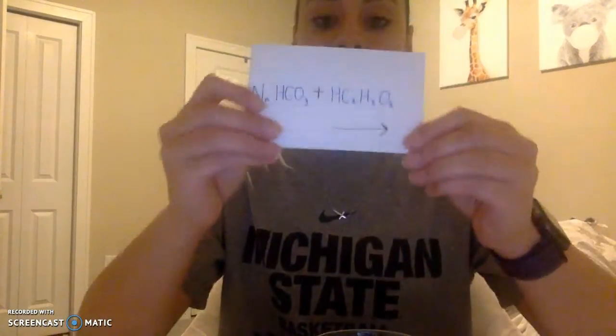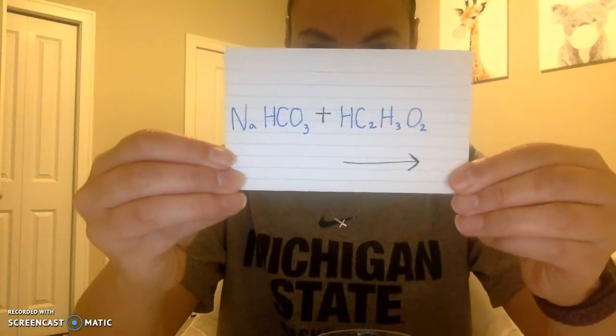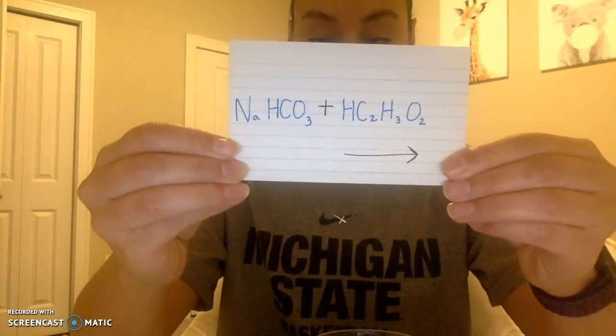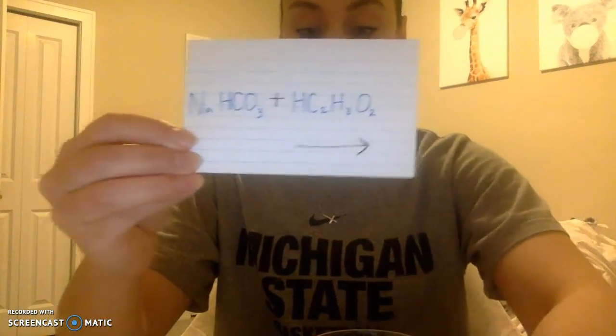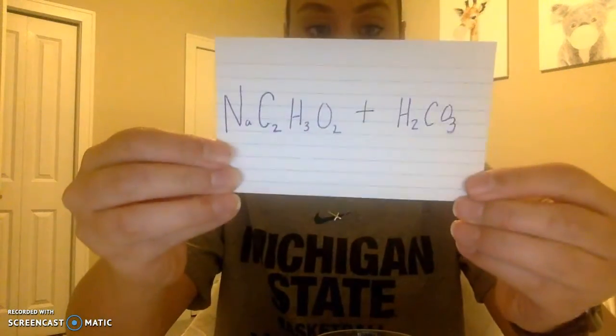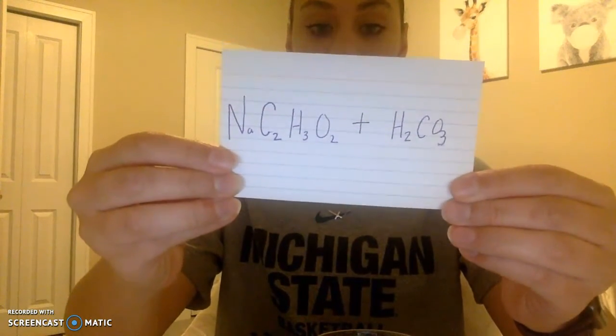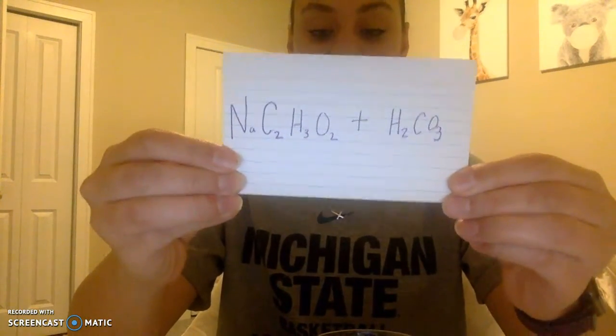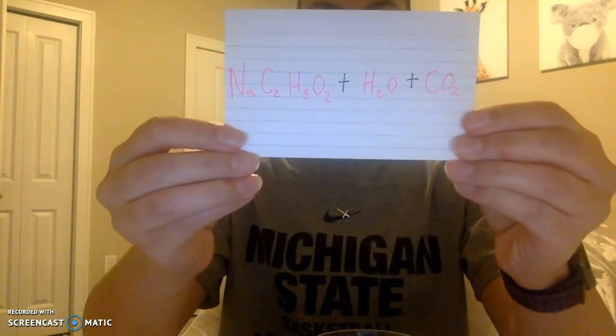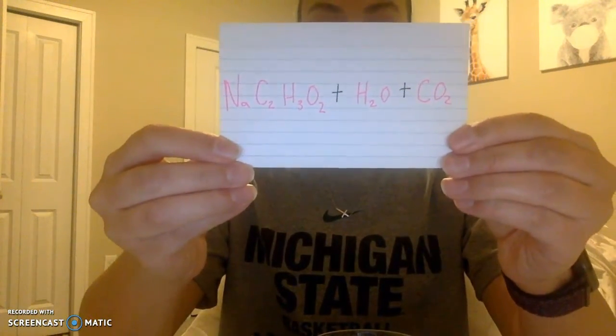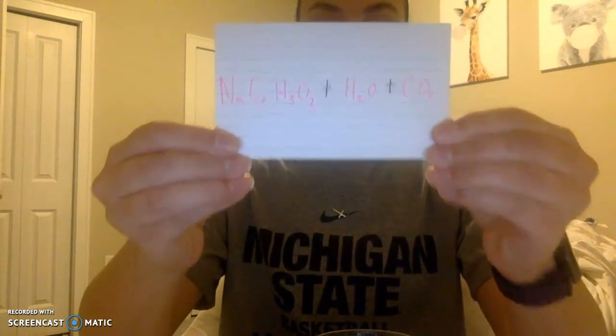So again, I'm going to show how we have our vinegar and baking soda reacting to create sodium acetate and carbonic acid. And remember, our carbonic acid is unstable, so it'll further break down into water and CO2 gas, creating the bubbles, creating that reaction.